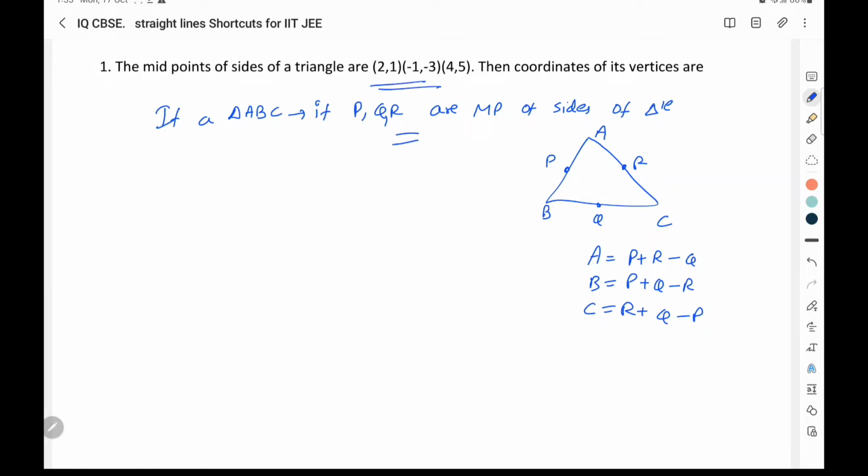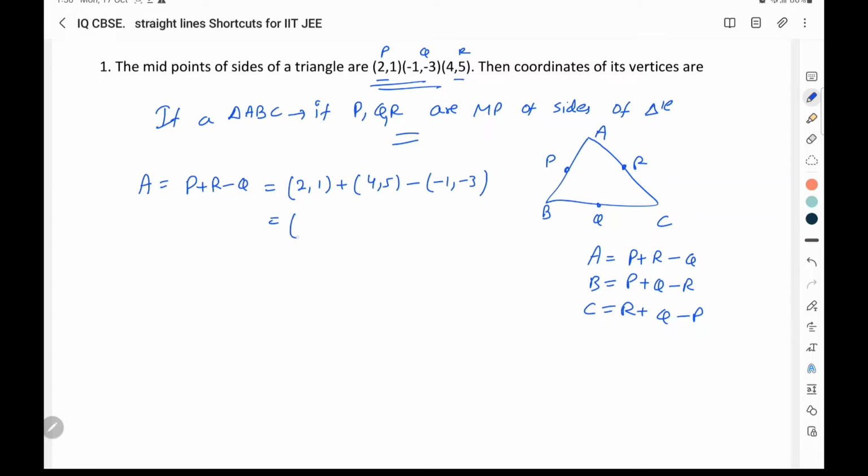So here the triangle is given and in this, P, Q, R are the midpoints of the sides of ABC. So to find A, as you know our formula is P plus R minus Q, that is P plus R. So (2, 1) plus (4, 5) minus (1, 3).